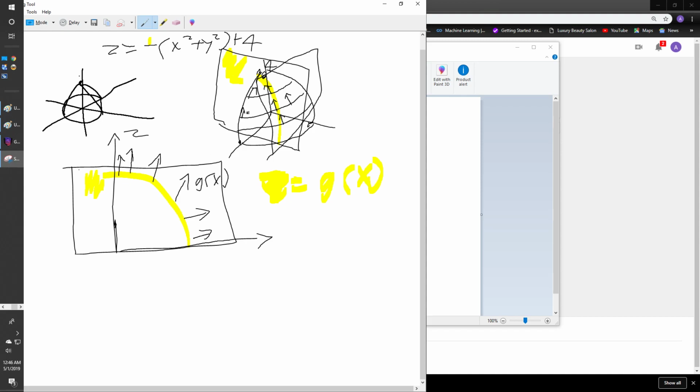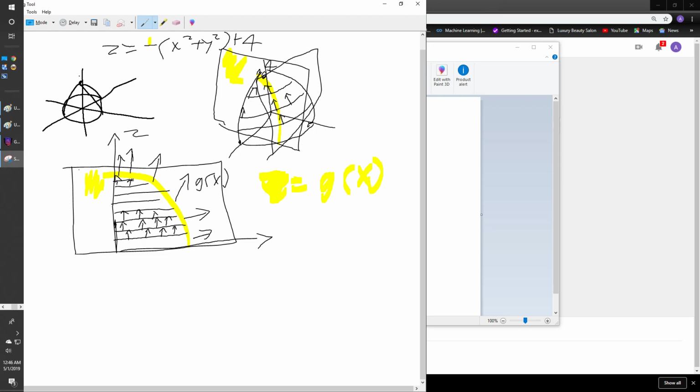Now I have to draw the gradient vectors of all of my contours that I intersected. It's going to be like a straight line, and my contours are going to be like that. Hopefully you can see what happened.